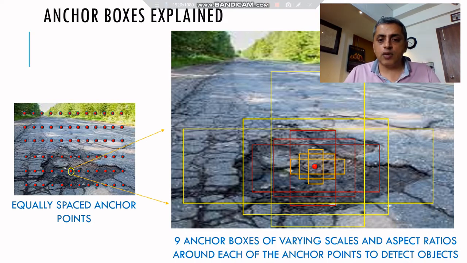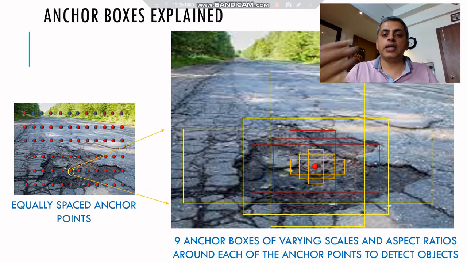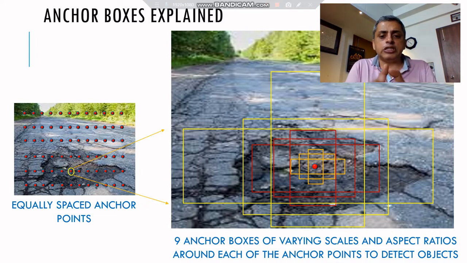Let's look at these different boxes. At the center you have a set of three boxes: a tall box, a square box, and a wide box. Then the next set, the red boxes, have the same shapes but different sizes, and then the yellow boxes are much bigger than the other two, but with the same aspect ratios. So this was the idea.